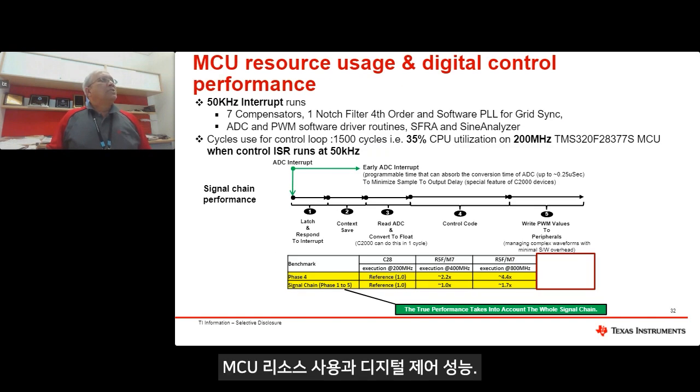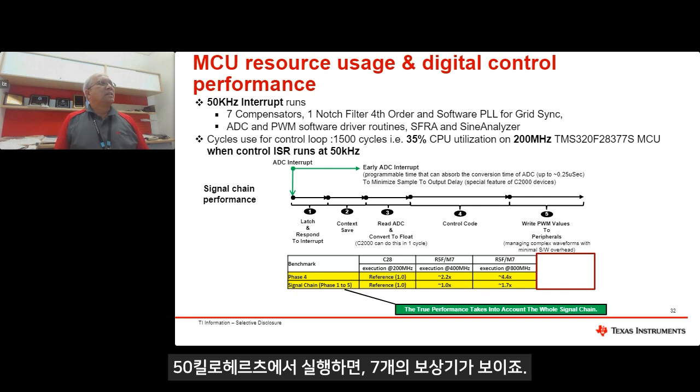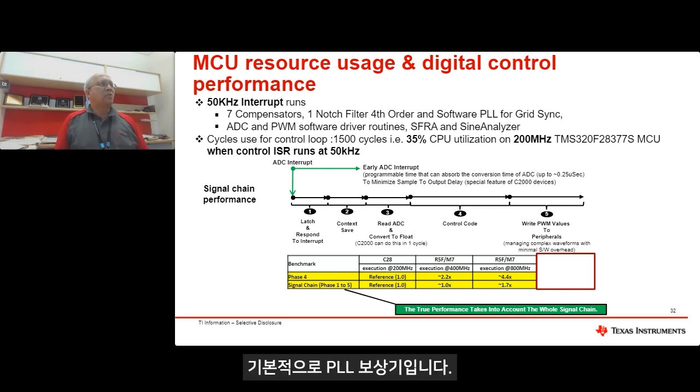MCU resource usage and digital control performance. For that particular example that we just showed in the previous slides, the PR controller based one, if we run the interrupt service routines at 50 kilohertz, we saw there are 7 compensators, the PR controllers basically, and a 4th order notch filter, and then it also has the software PLL for grid synchronization.